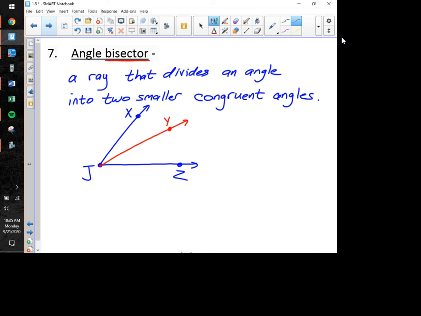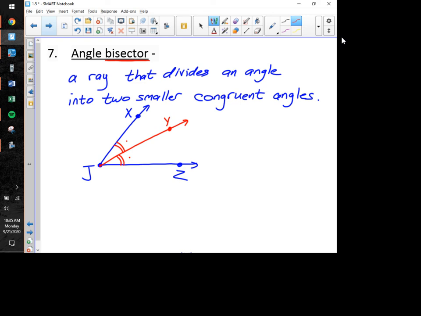So I'm going to have to use tick marks here, guys, and I'm going to do a double tick mark here on top and then a double tick mark here on bottom. So now we know for a fact from the diagram that angle XJY, this angle right here, and angle YJZ, this angle, are congruent.